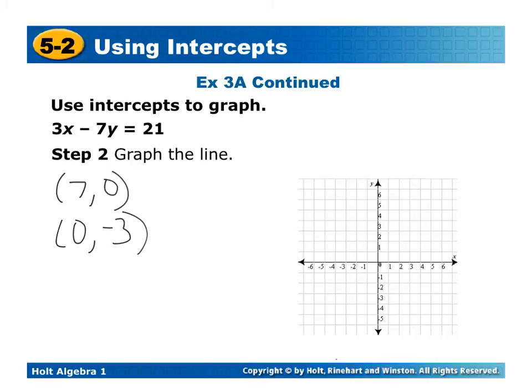So we can go ahead and graph those. So we would go to the right 7, and then we have 0, negative 3, and then we're just going to go ahead and draw a line between those 2 points. Now this one we would have the arrows on.